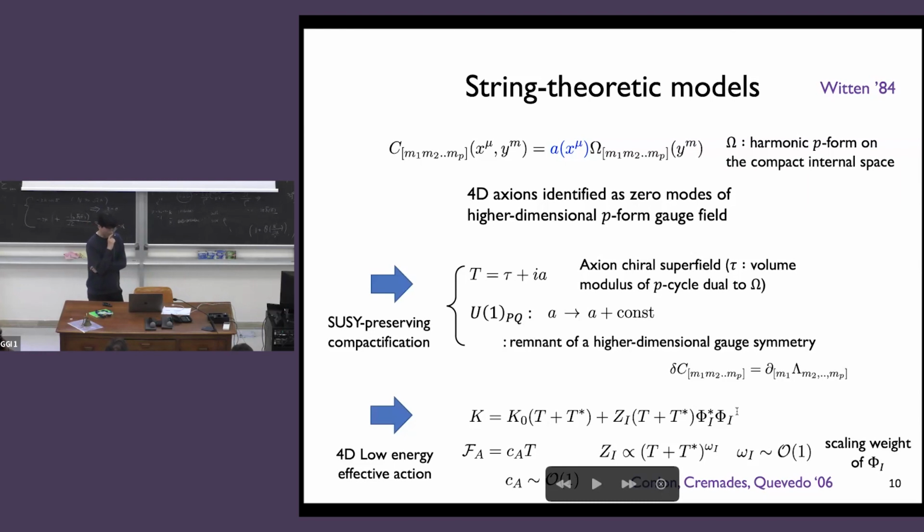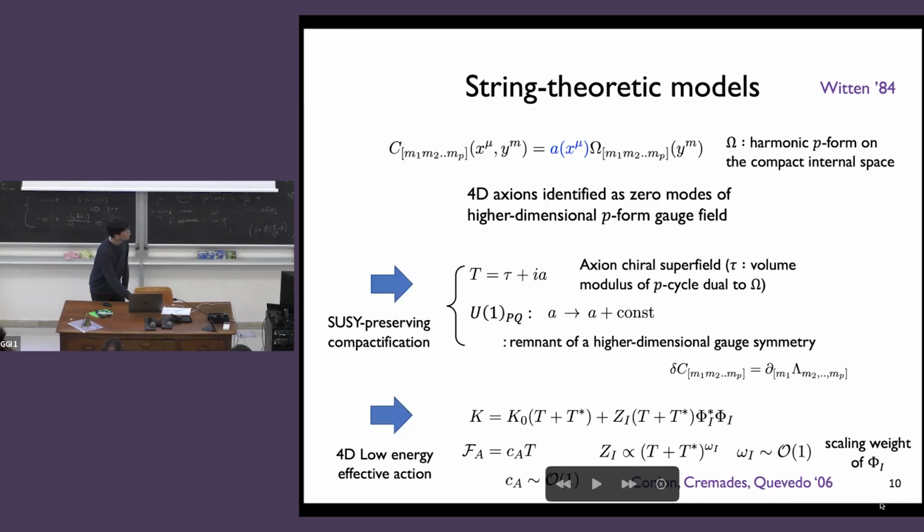And you know, for a four-dimensional field in an extra-dimensional theory, the wave function normalization of the four-dimensional field generally depends on the volume and the shape of the extra dimensions. So it can have a certain dependence on this axion chiral superfield via this volume modulus, the wave function dependence on the volume modulus of the p-cycle.